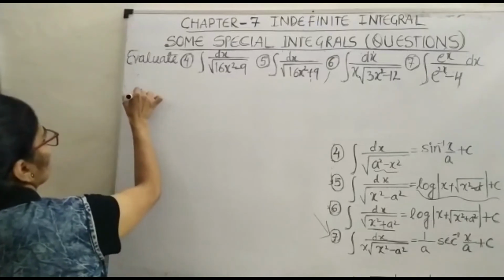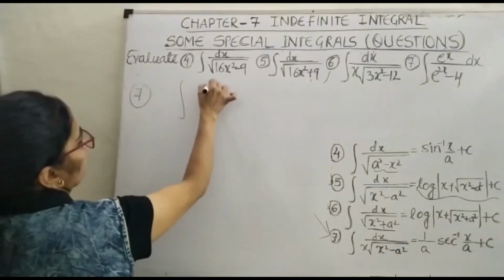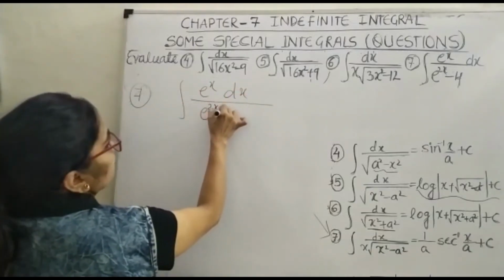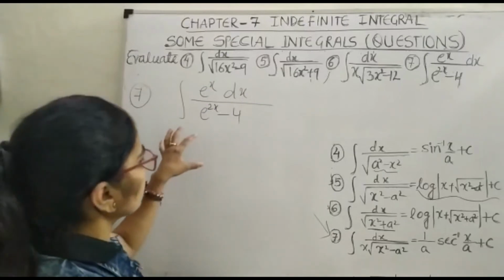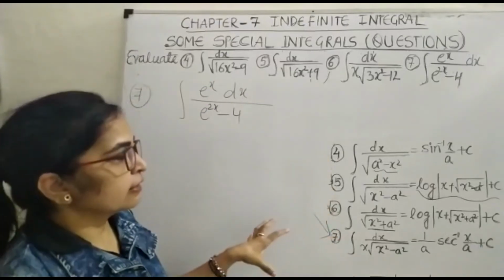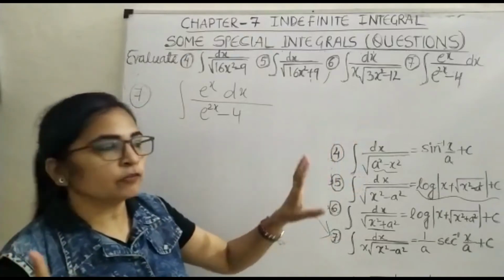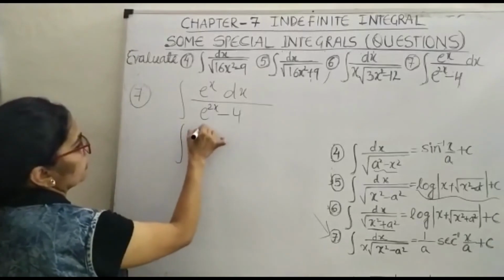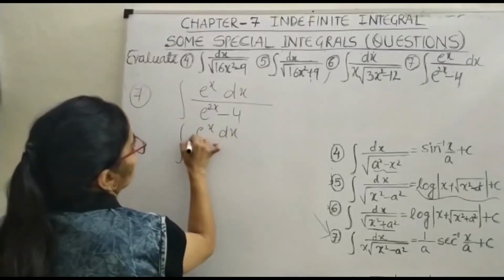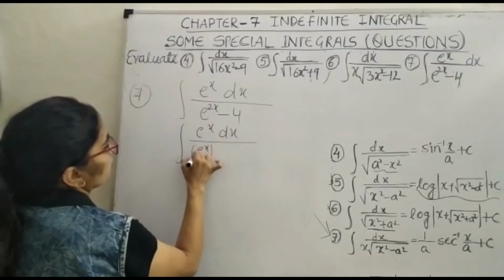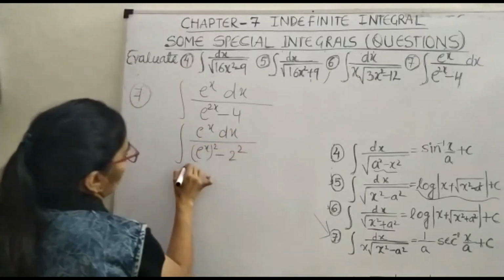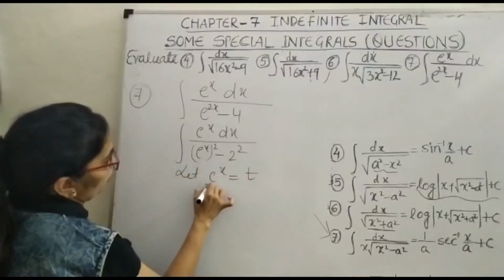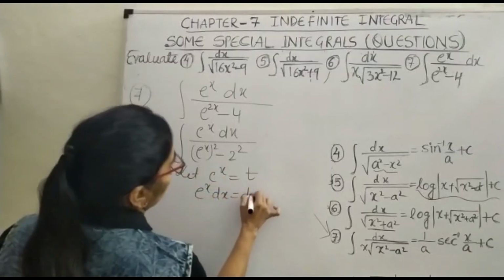Question number 7, that is e to the power x dx upon e to the power 2x minus 4. Now you can see here in all these integrals in the numerator we are having 1, here it is e to the power x. सबसे पहले हम लोग इसको चेंज करेंगे. देखिए e to the power x dx, this can be written as e to the power x the whole square minus 2 square. Let e to the power x is equal to t, then e to the power x dx is equal to dt.